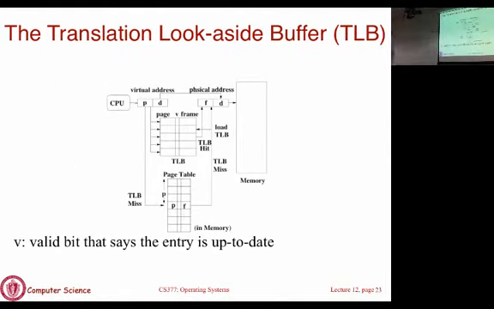Why is there a valid bit? Why don't you just remove it when the reference isn't valid? Okay, so why is there a valid bit and why don't you remove it when the reference is removed? Like if the valid bit says false, why not just remove it from the TLB instead of having it stay in the TLB and say it's not valid? So the valid bit is simply whether the TLB entry is empty or not.